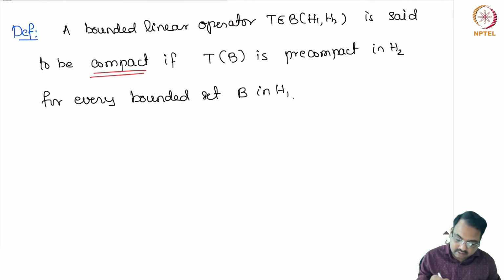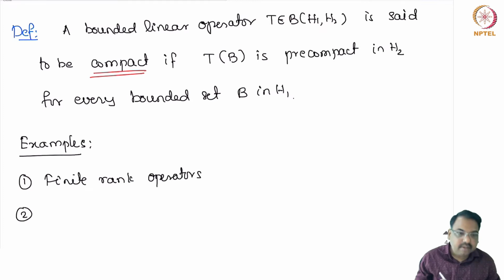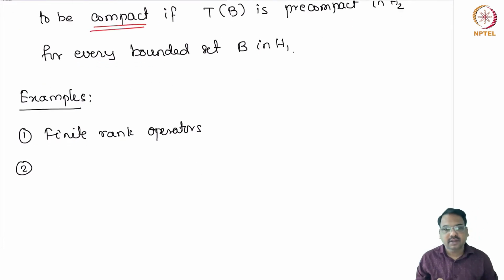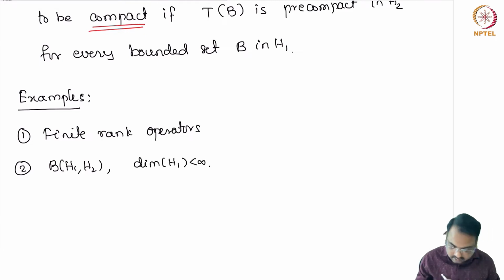So far the examples are finite rank operators, and the second one is bounded operators defined on finite dimensional Hilbert spaces, so dimension of H1 is finite.